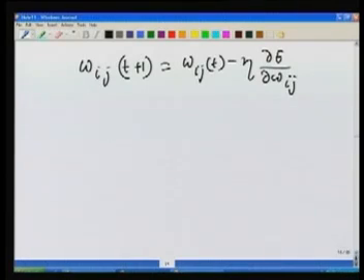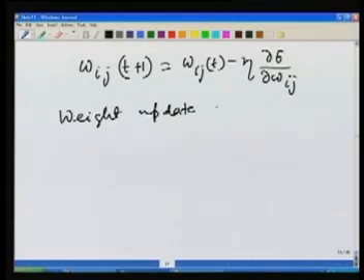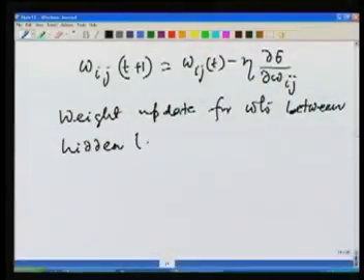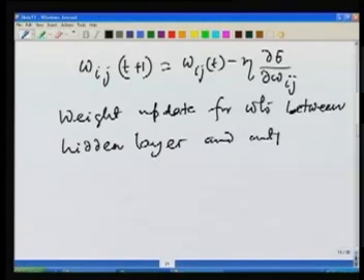So, this is the weight update for weights between hidden layer and output layer.